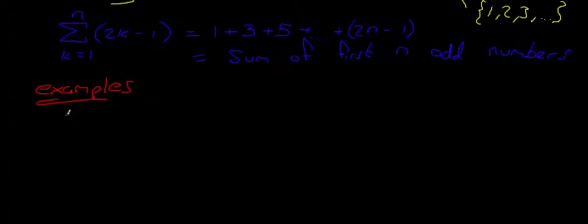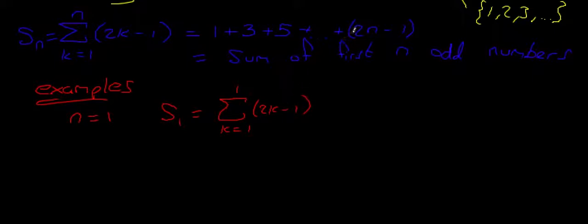Okay, so if we call this guy Sn, S stands for sum, and the n denotes the number of numbers in the sum. Then if we take n as 1, then S1 is equal to the sum from k is 1 to 1 of 2k minus 1.